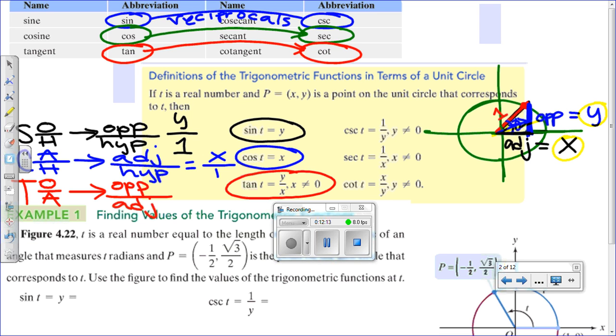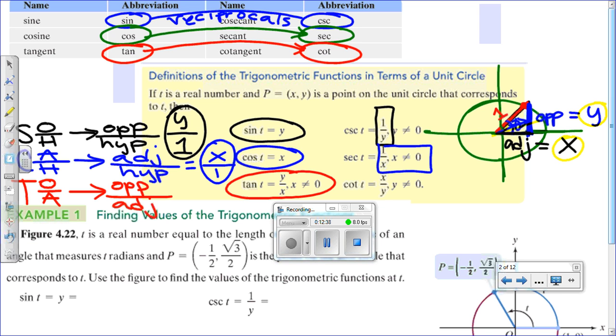Okay, so now remember how I told you that they're reciprocals of each other, right? So sine goes with cosecant. So in this case, if we have y over 1 and we take the reciprocal of that, we will obtain 1 over y. And for cosine and secant, if we get the reciprocal of that, we will get 1 over x.